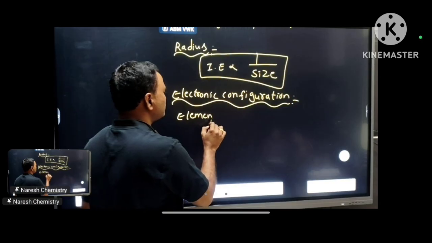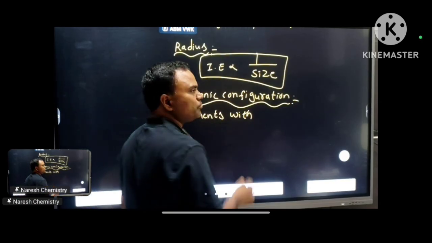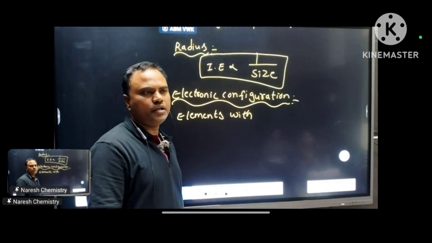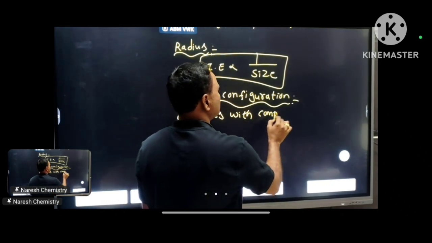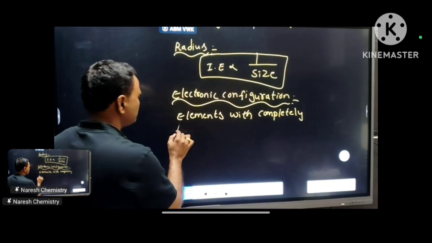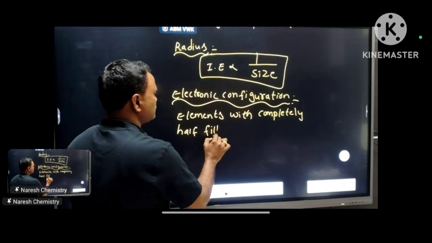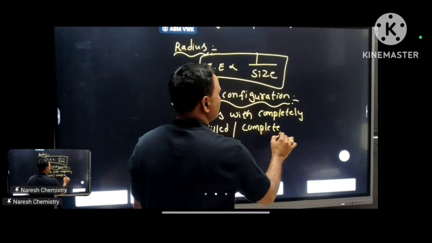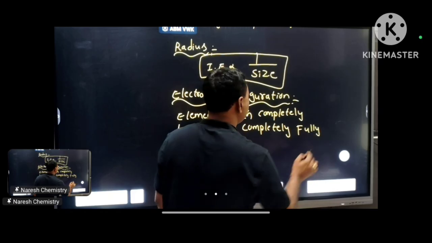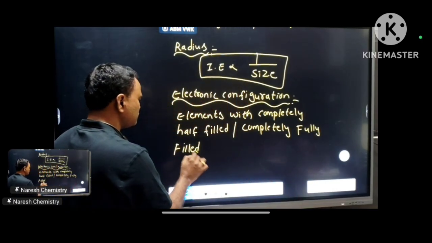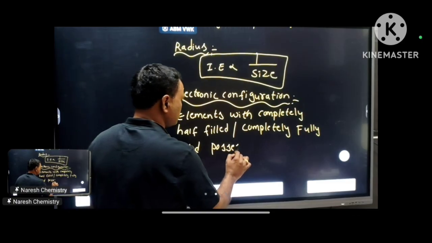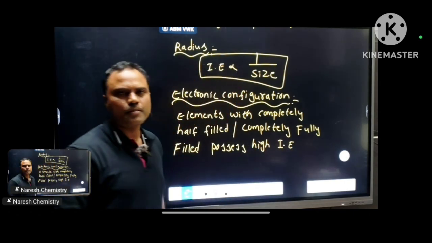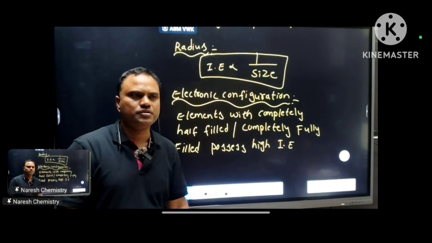Elements with completely half filled or completely fully filled configurations possess high ionization energy values. This is very useful in the D block elements.